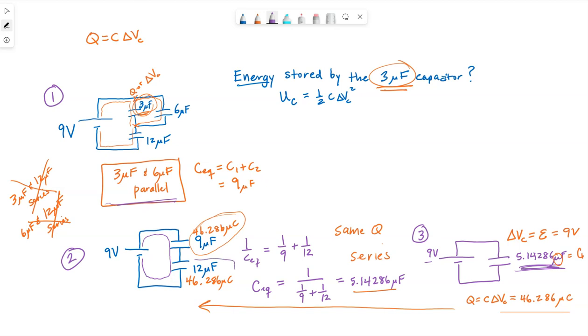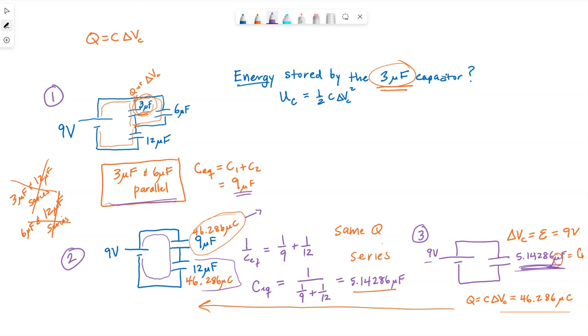The 12, I could totally find the delta V. That's fine. I could find energy, but that's not part of the question. So I'm going to stop as far as the 12 is concerned and just continue with this 9 microfarad capacitor, which was the equivalent for the 3 and 6 in parallel.